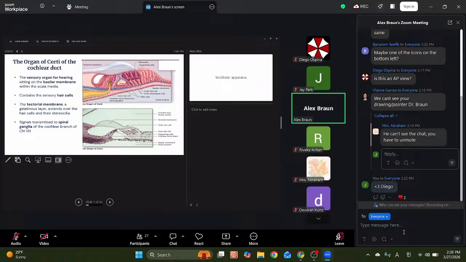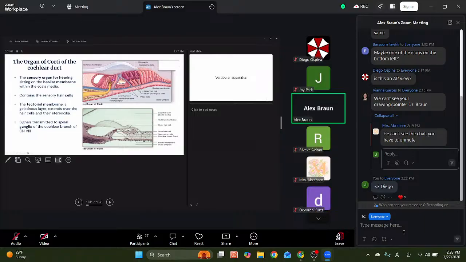On top of the hair cells are stereocilia on their apical surface, which are the sensory hairs. They're long microvilli, sometimes called stereocilia, and they insert into this acellular membrane called the tectorial membrane.